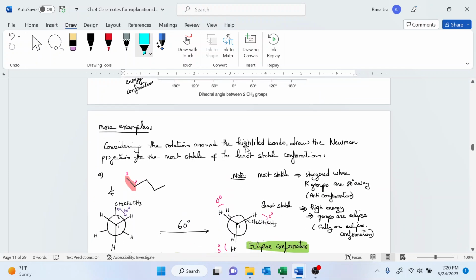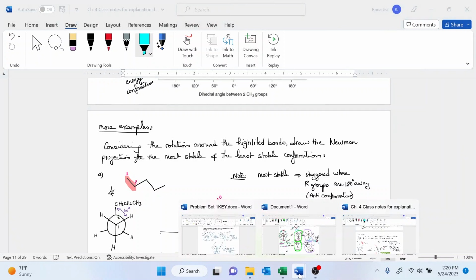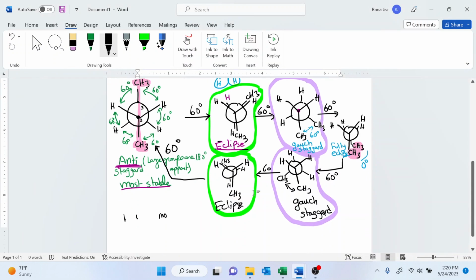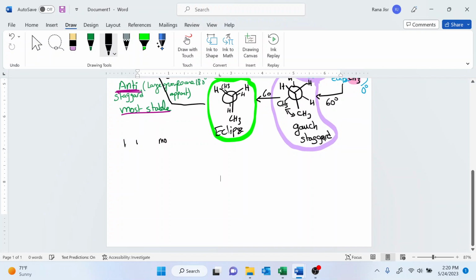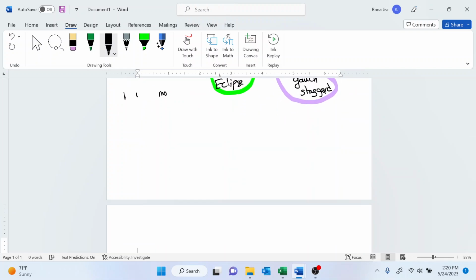So considering the rotation around the highlighted bonds, draw the Newman projection of the most stable and the least stable conformation. This is 1, 2, 3, 4, and 5. Okay, so you have here 5 carbons. So let's go ahead and draw the 5 carbons in there.